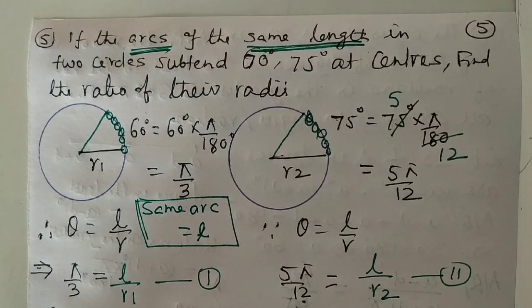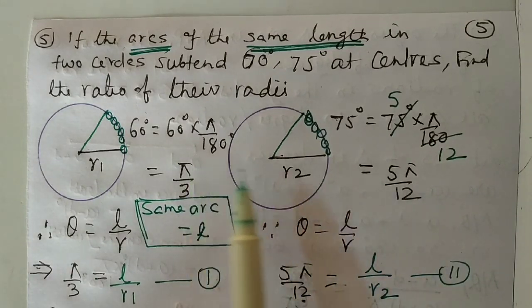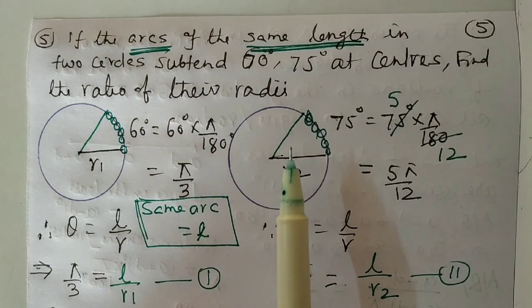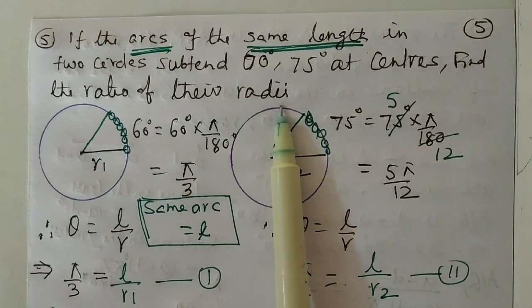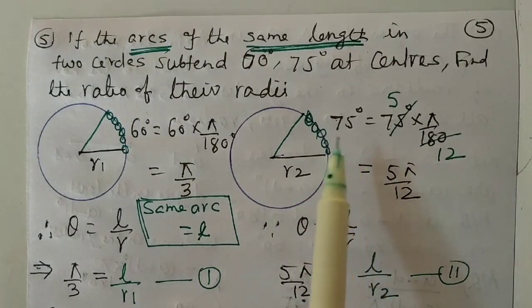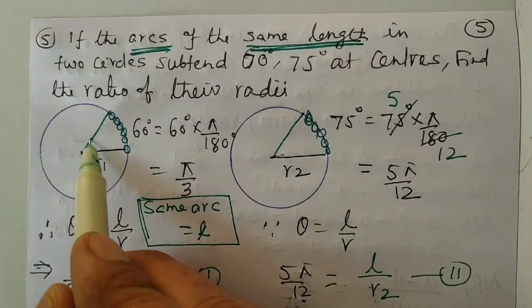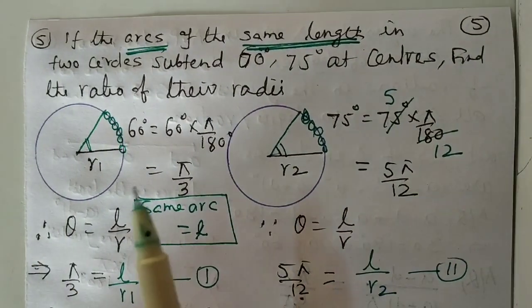Next, question number 5. If the arc of the same length in two circles subtends 60 degree and 75 degree at the center, find the ratio of their radii. One angle is 60 degree and another angle is 75 degree. The angles are converted to radian.